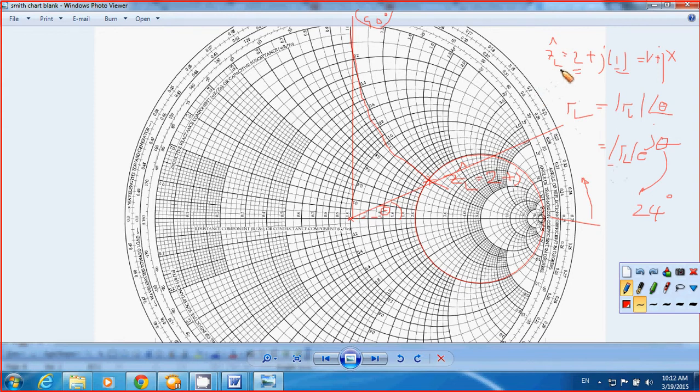You have ZL normalized to be 2 plus J, and you start with ZL equal to 100 plus J50, right? And then you have Z0, the characteristic impedance, to be 50 ohms.